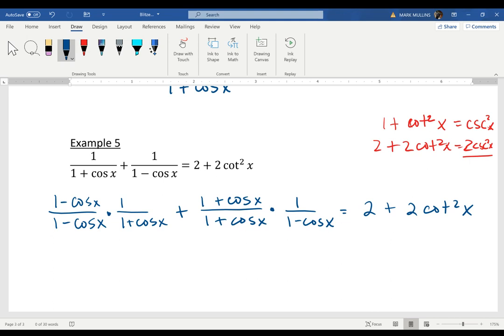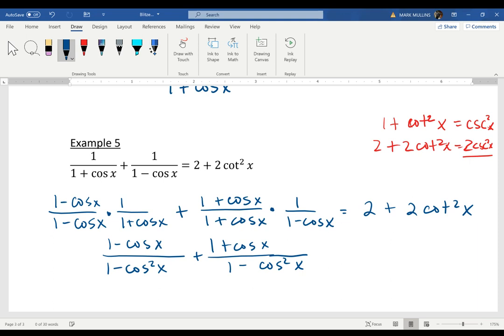So now with this first fraction, I would have 1 minus cosine x. My denominator is 1 minus cosine squared x. And then plus 1 plus cosine x over 1 minus cosine squared x.